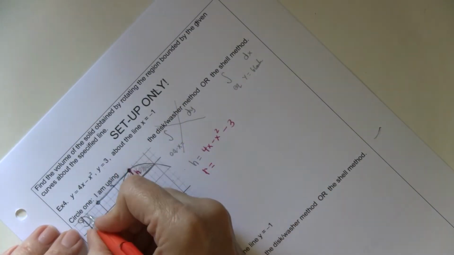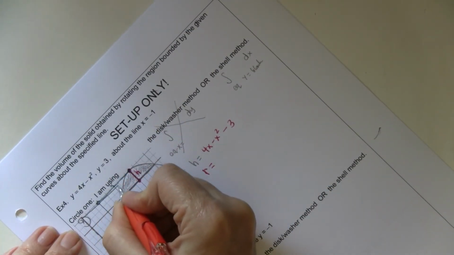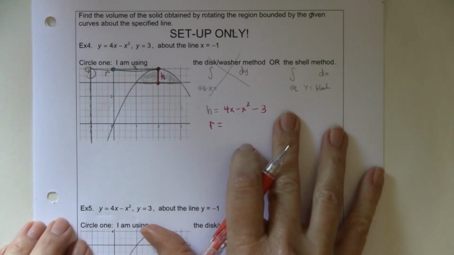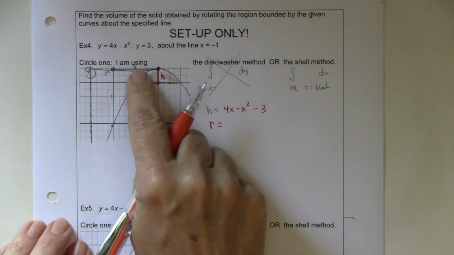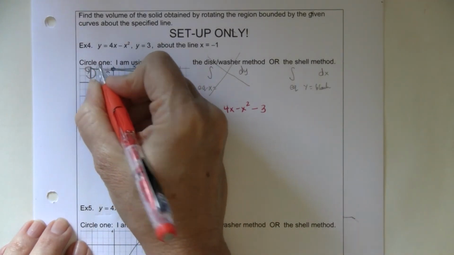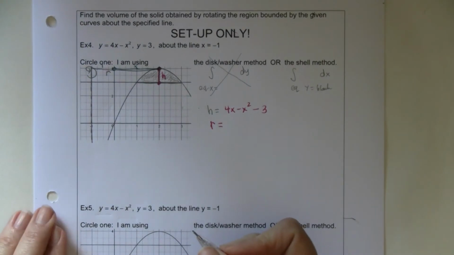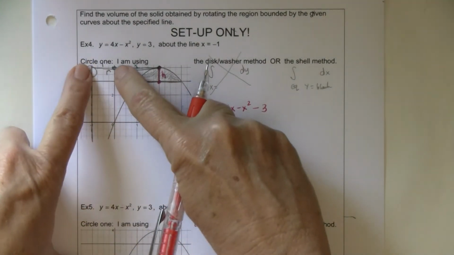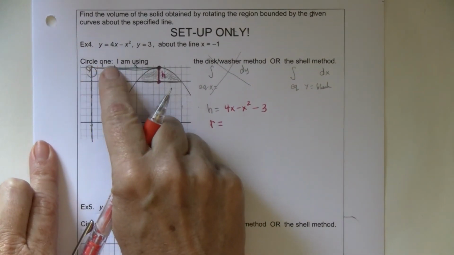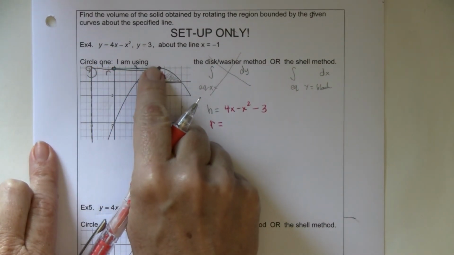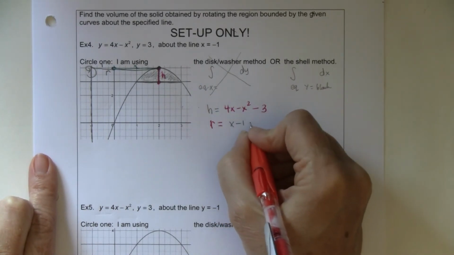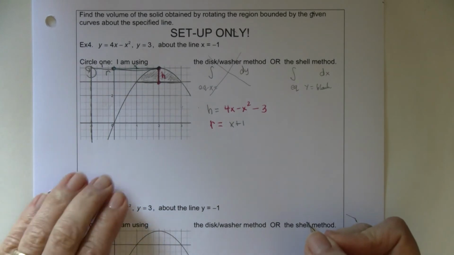My radius is from here to here. This distance is called x. This distance is 1. Sometimes people tell me that distance is -1, but distance is not negative. How far is that? It's 1. And so how far is this altogether? Well, you'd go 1 and then plus x more, so it's 1 plus x, or x plus 1. And so there is our radius.